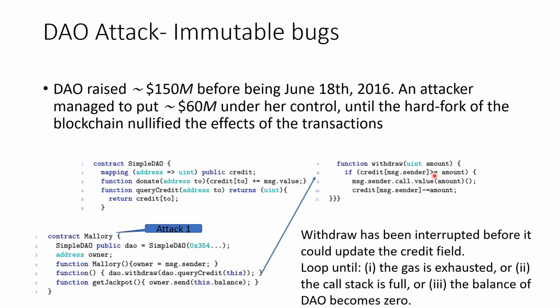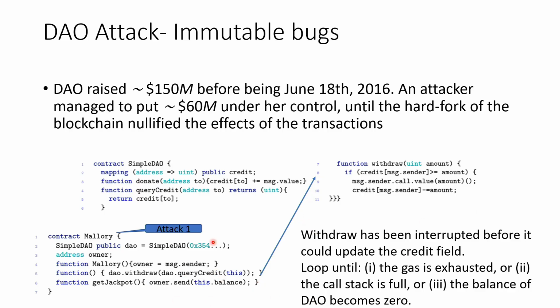But the credit amount, which is the total donation in simple DAO, was not updated. That means simple DAO still has whatever donation was received, as it is. But the attacker is able to withdraw because this function was interrupted after line number 8. Fine.